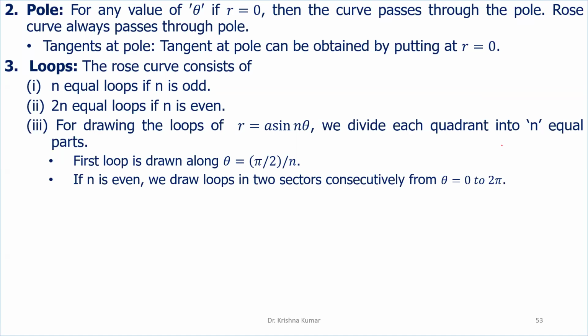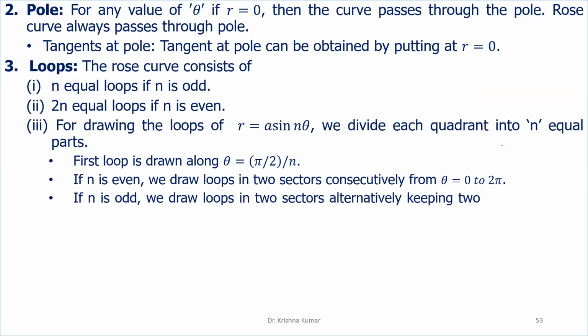We will discuss much more about this when we take an example. If n is odd, we draw loops in two sectors alternately, keeping two sectors between the loops vacant.